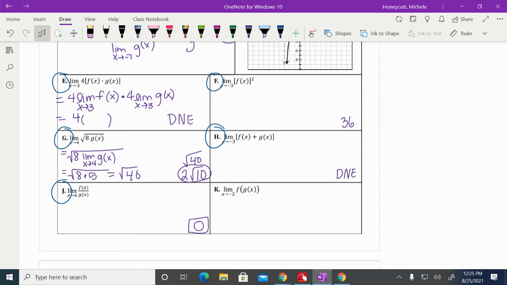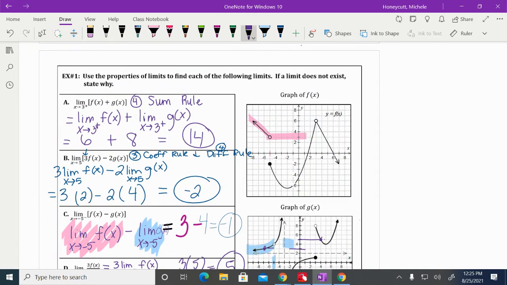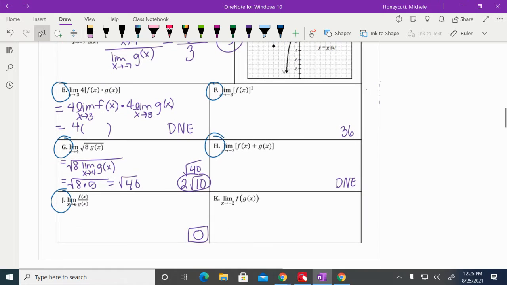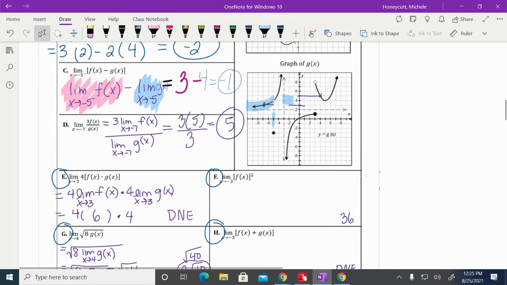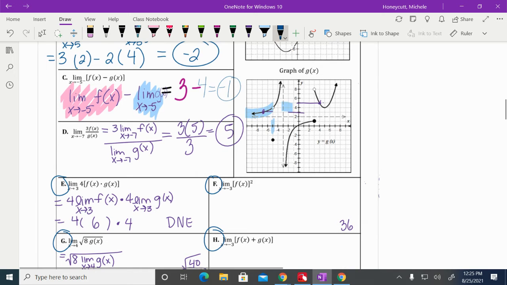I look at that graph. As x approaches 3, the y value looks like it's approaching 6. So I get a 6 right here. Times, bring down the second 4. And then on G, I have to approach 3 again. What am I approaching, positive 3 or negative 3?